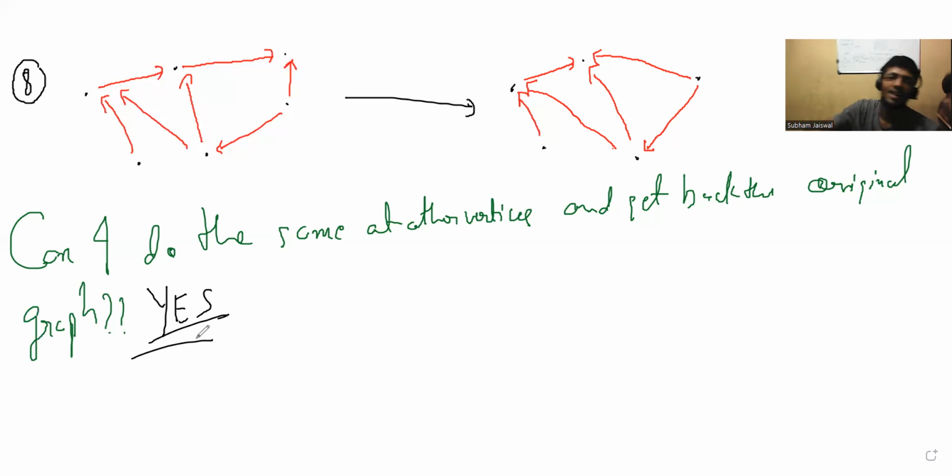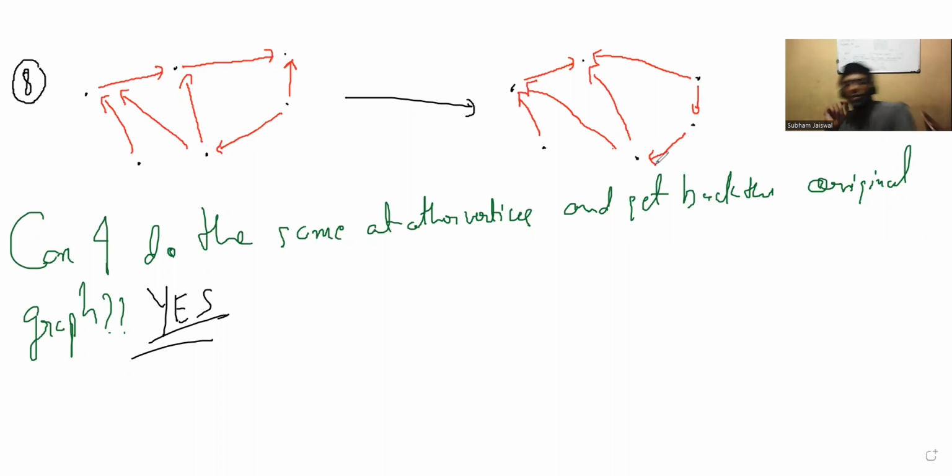Oh, sorry, that's wrong. That's incorrect, it is just a typo. So can we get back the original graph by doing the same thing at other vertices?